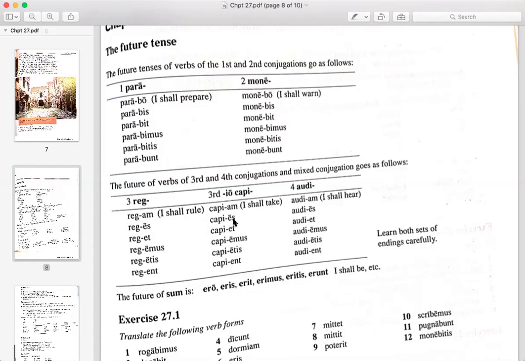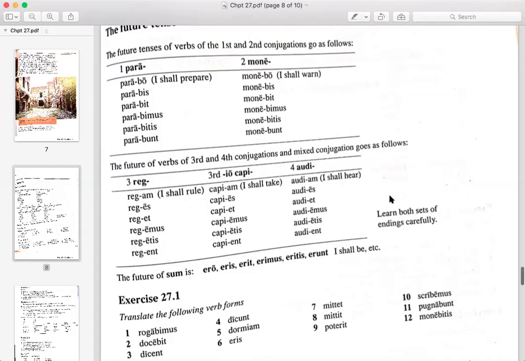Now, for third io and fourth, these two vowels together before the personal ending are only going to occur in the future tense in the indicative system. So if you've got those two vowels together and you know it's indicative, and we'll talk about that later, then you know you've got a future. Oh, that's so nice.